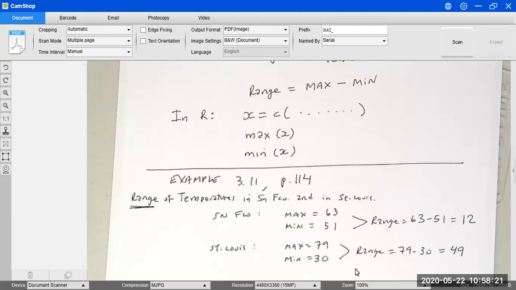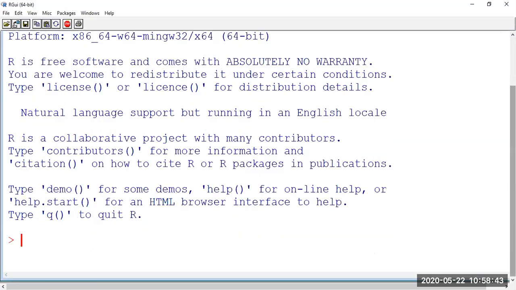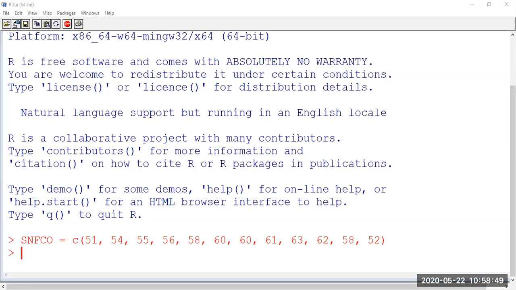This is just a measure of spread, or measure of dispersion, or measure of variability. Let me show you how to use R to find the maximum and the minimum, and also the range. So let's use R now. We have to enter first the temperatures for San Francisco, then we do the same thing with the temperatures for St. Louis.